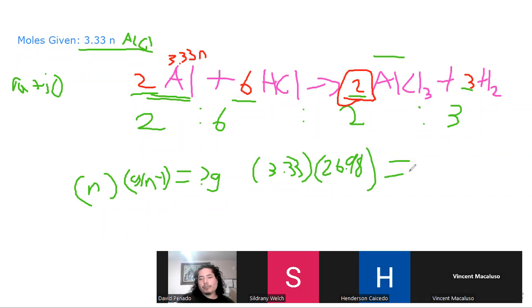That's the GAW, right? Yeah, wait, why are you using aluminum? What's the question asking? Oh, how many grams of aluminum? Okay. You guys remember the names of the elements, right?